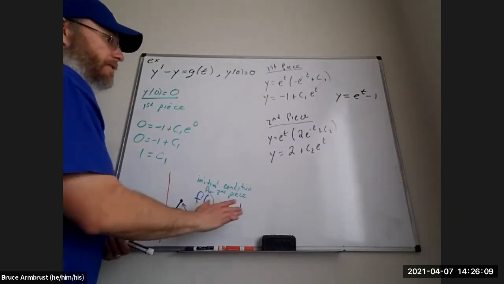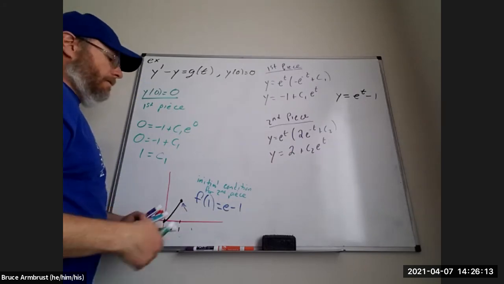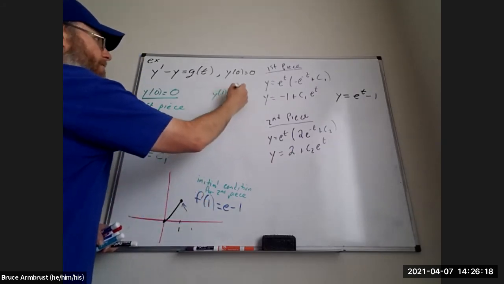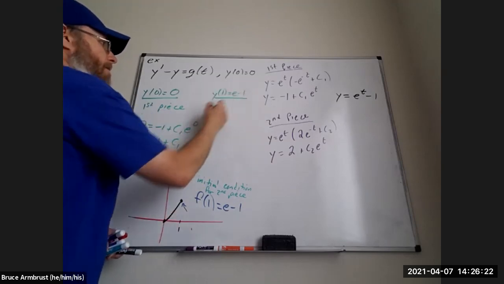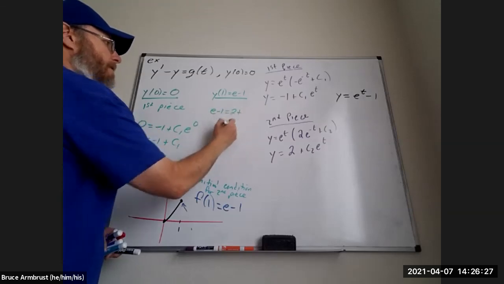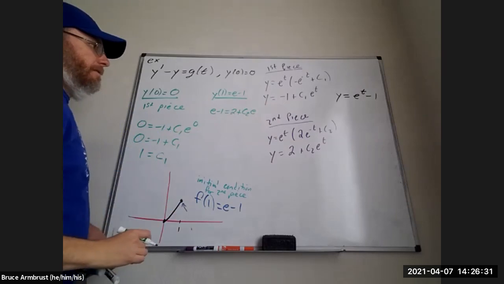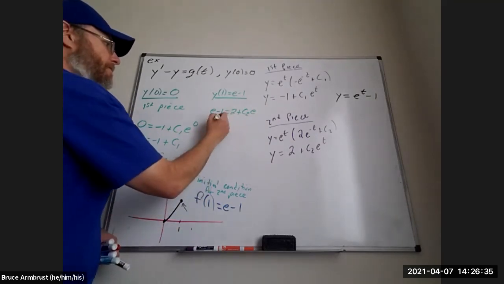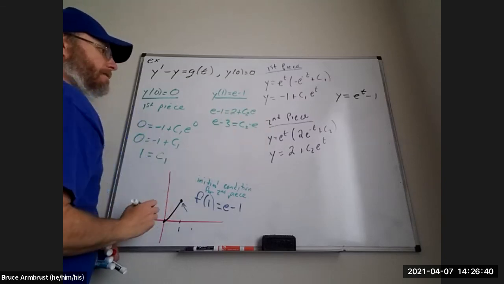So this initial condition is going to let us figure out what C2 is. So if we use that, y of 1 equals e minus 1. We're going to get e minus 1 equals 2 plus C2 e to the 1, so C2 e. If I move stuff around, I get e minus 3 is equal to C2 times e.